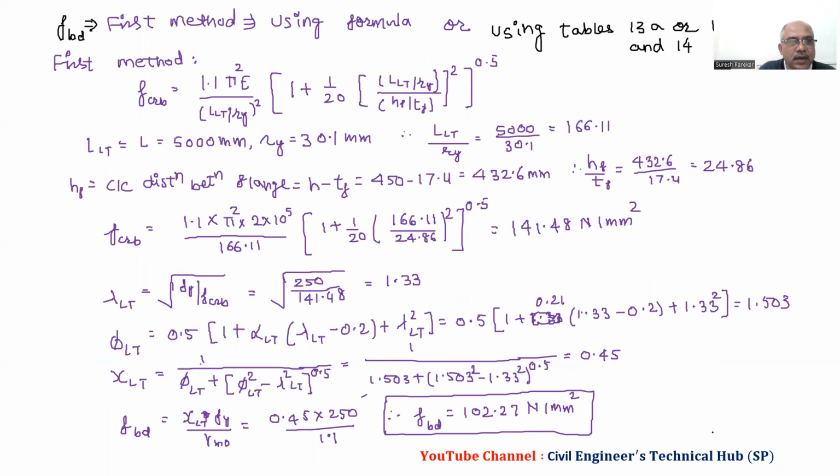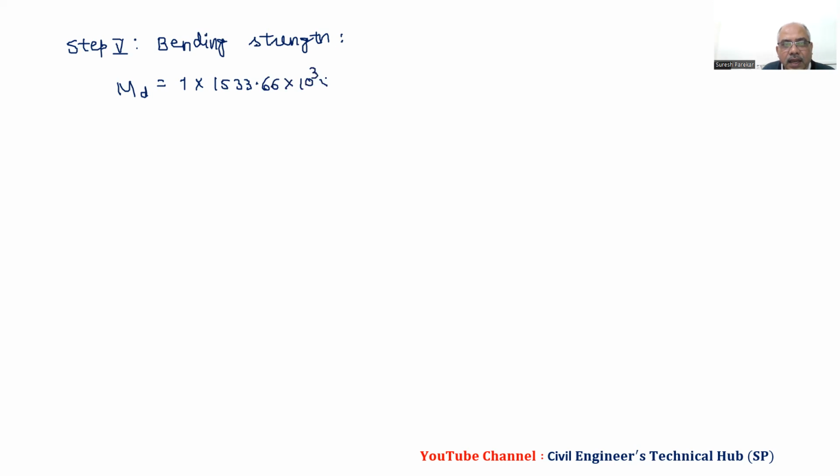So this is our step number 4. Now we will go to step number 5, where we have to find the bending strength. As I mentioned, we go to 8.2.2, and we have MD is equal to beta B is 1, ZP we have 1533.66 into 10 raised to 3, into FBD we have 102.27.